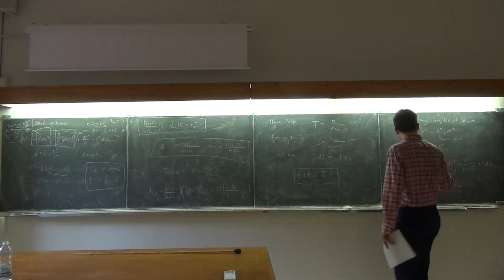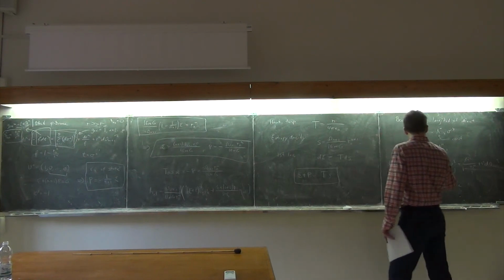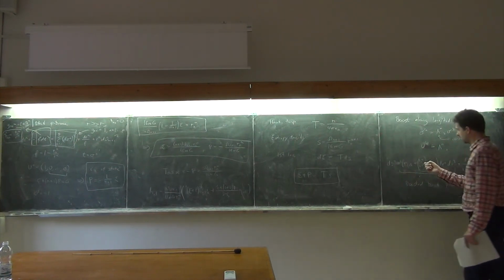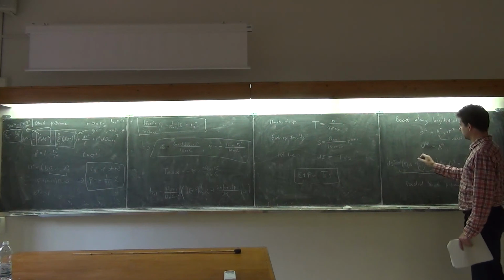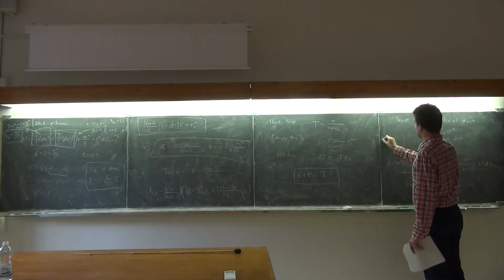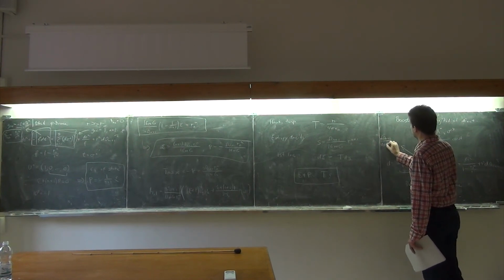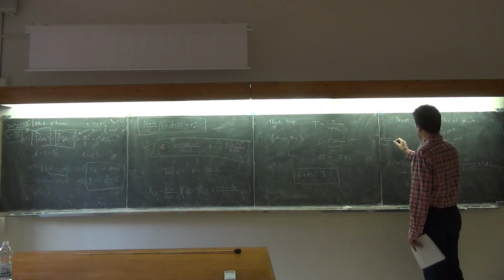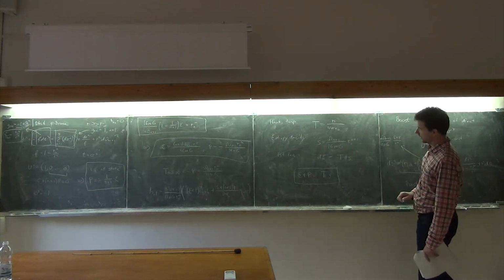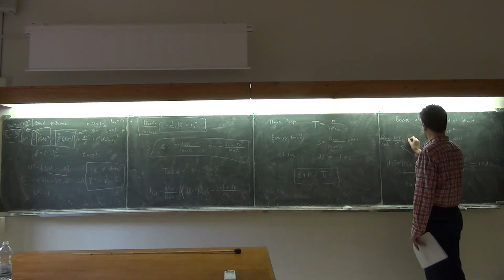Okay? And then this thing here must be 16, N omega_N over 16 pi G, epsilon plus P, over R to the N, times UA, right?